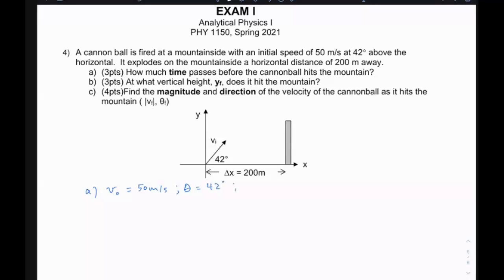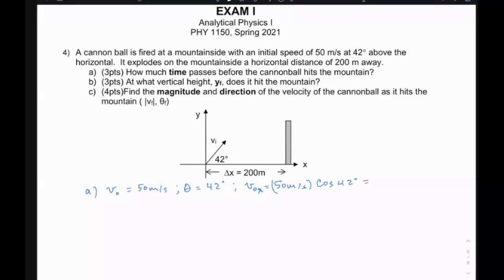So we know what the x component of the initial velocity is just by multiplying these. The initial velocity with the cosine of the launch angle, 42 degrees.